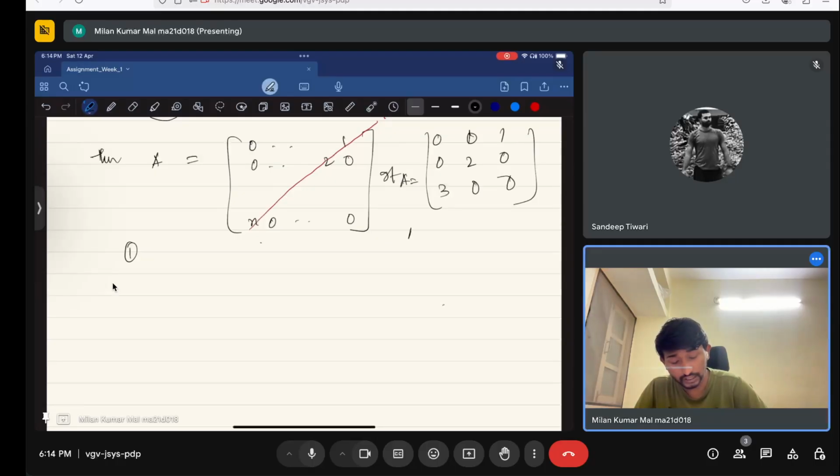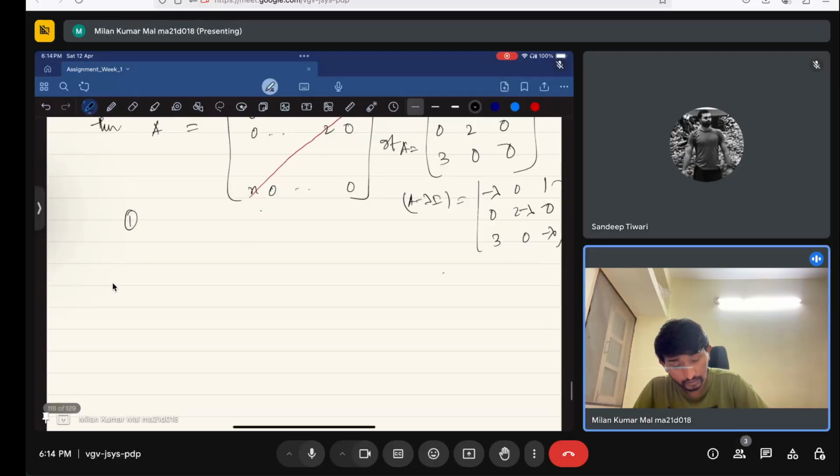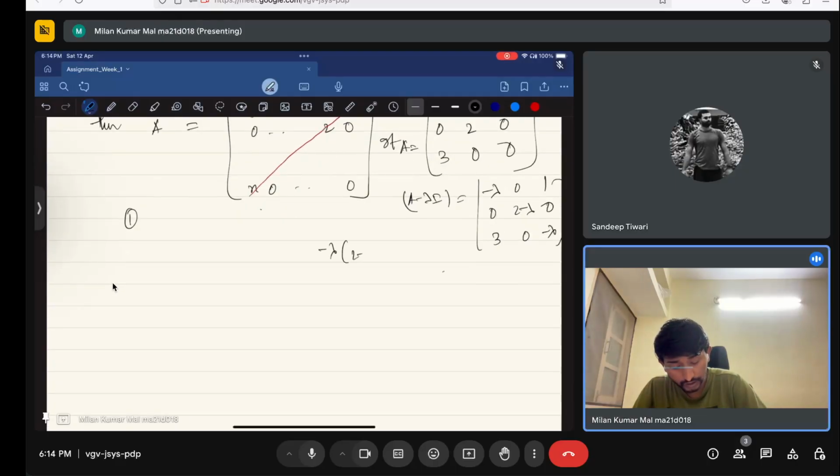If A equals this, then A minus lambda I will be minus lambda, 0, 1; 0, 2 minus lambda, 0; 3, 0, minus lambda, right? So what is the determinant? The determinant is minus lambda into 2 minus lambda into minus lambda, and the next one is plus 1 into 0 minus 3 into 2 minus lambda.